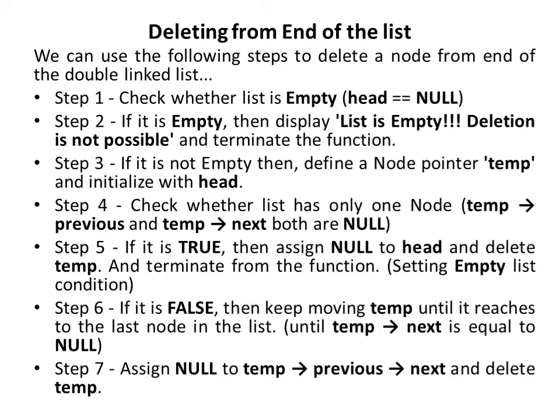If it is false, then keep moving temp until it reaches the last node. For that reason, we check temp of next equals null. When it is equal to null, it will assign null to temp of previous's next and delete temp.